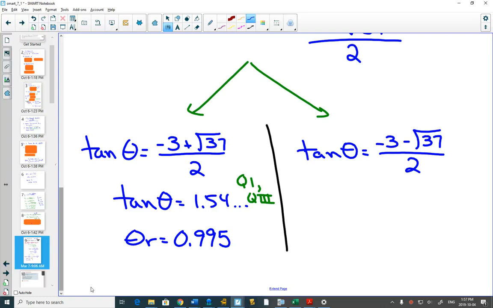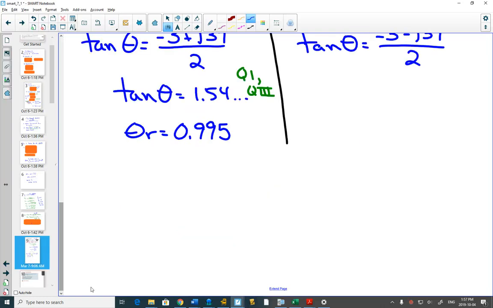Now that we know our reference angle, we can solve for theta between 0 and 2 pi.